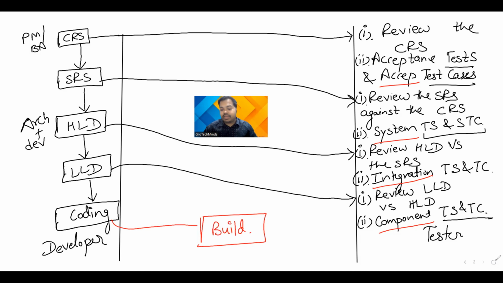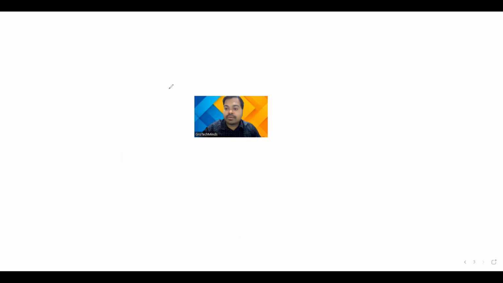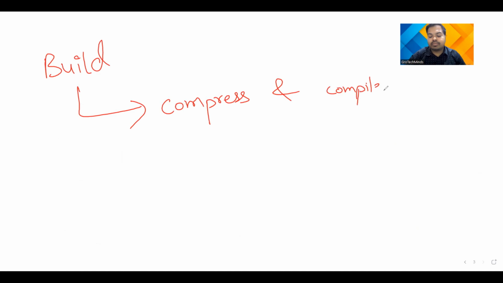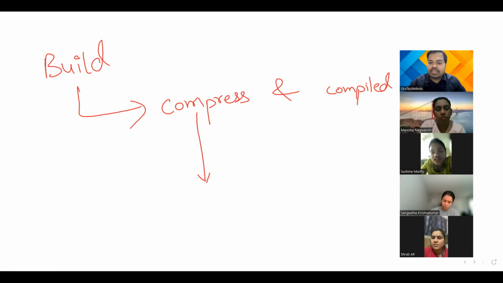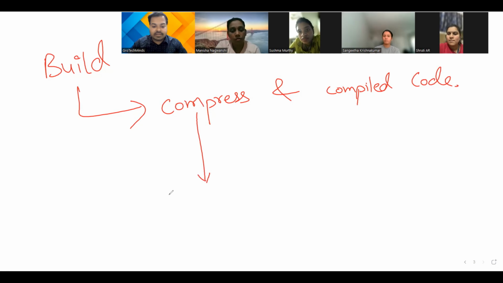What is a build? Please write down: build code. Build means compressed and compiled code. What is the meaning of compressing? Tell me, guys, the English meaning of compressing. Reducing the size.